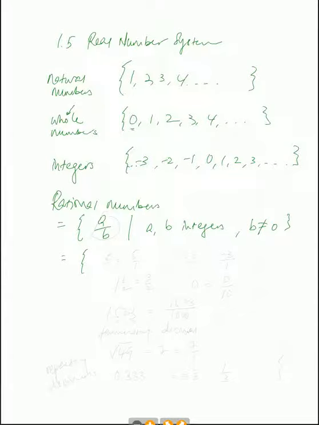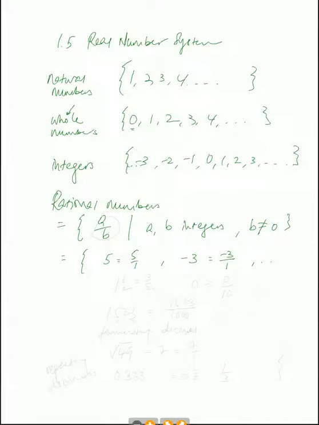For example, the number 5 is a rational number, because 5 can be written as 5 over 1. What about negative 3? Negative 3 is in there too, because you can call it negative 3 over 1.